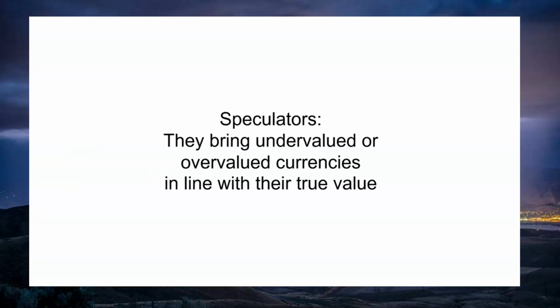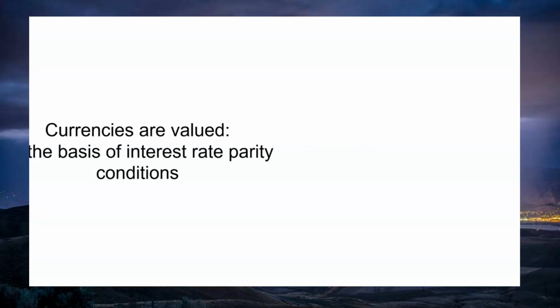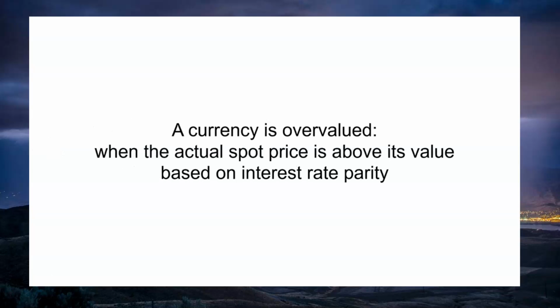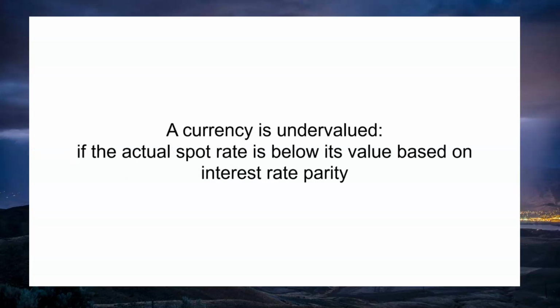So the role of speculators in currency futures contracts is very important because they bring undervalued or overvalued currencies in line with their true value. Currencies are valued on the basis of interest rate parity conditions. A currency is overvalued when the actual spot price is above its value based on interest rate parity, and it is undervalued if the spot rate is below its value based on interest rate parity.